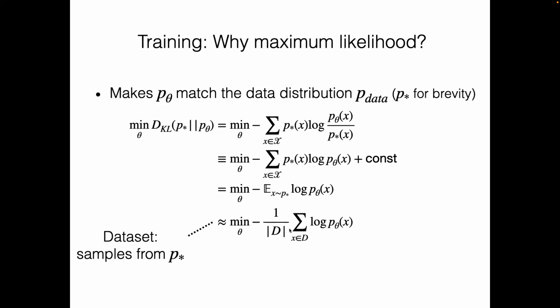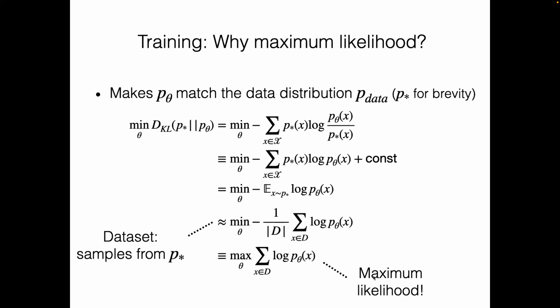So now we have this term here that's called a Monte Carlo sample of this expectation. Then the last thing is you can observe that you're minimizing this term that has a minus, so that's equivalent to maximizing the term without the minus.